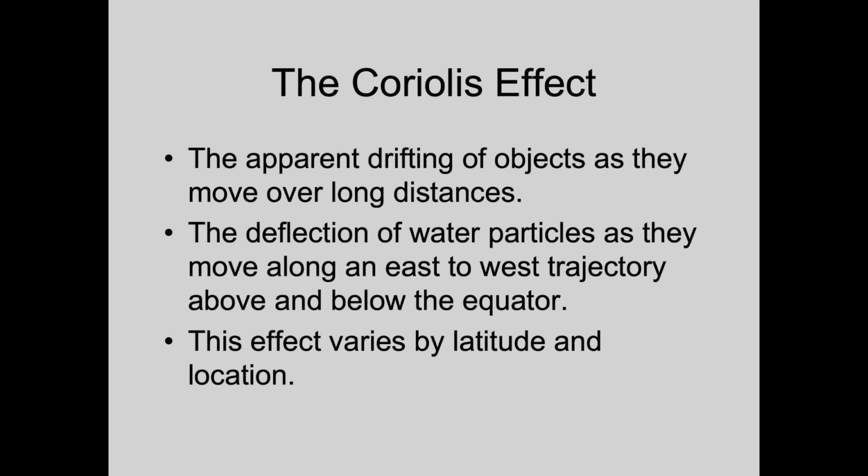Objects moving along east to west trajectories, for example, above and below the equator, will generally be found to drift toward the equator. And this will have an impact in varying degrees on, in this case, water particles and air particles. Now, as you know, wind and water currents are significantly impacted by this principle of deflection.